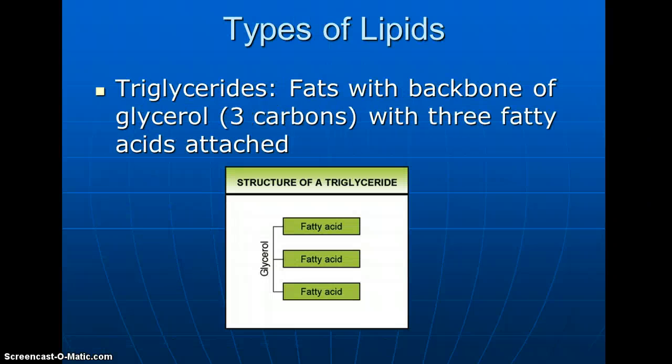So one of our main types of lipids are triglycerides, and triglycerides compose about 90% of the lipids within a human's diet. And these triglycerides are fats that have a glycerol backbone, which is a 3-carbon backbone, and 3 fatty acids attached.